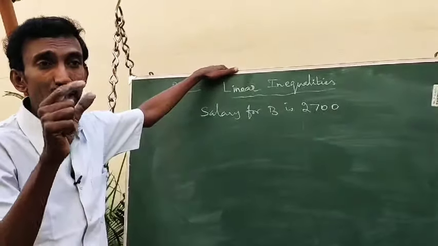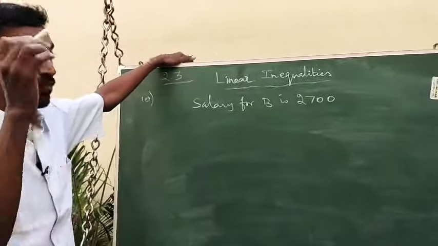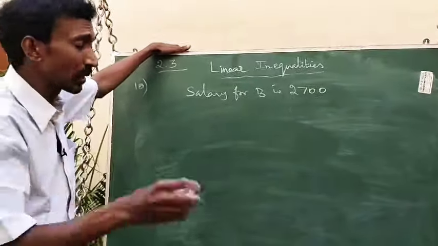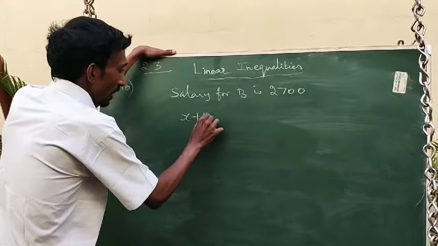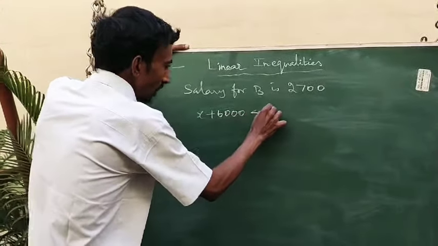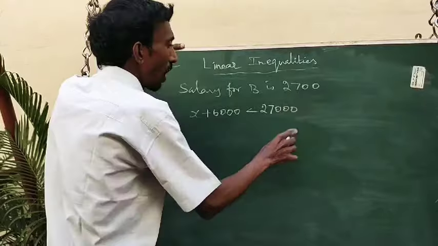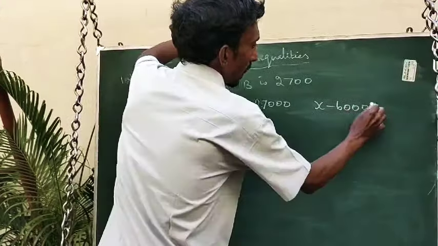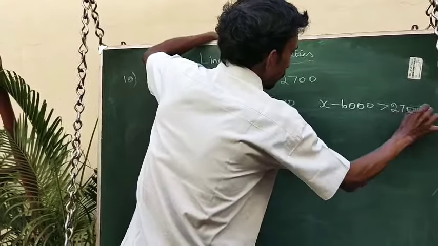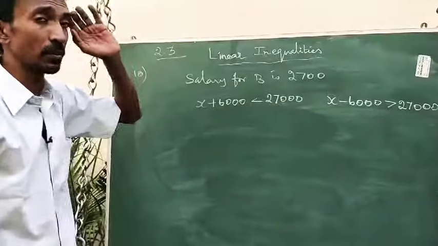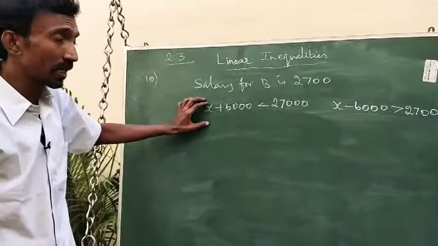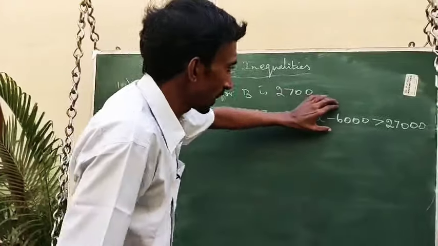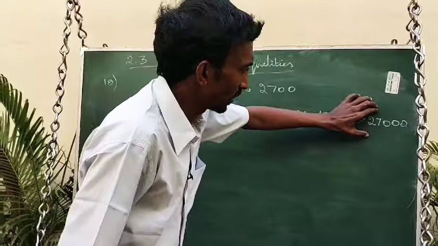If we assume let X be the salary of A, we have only two possibilities, either X plus 6,000 less than 27,000, or X minus 6,000 greater than 27,000. Remember, my dear students, either X plus 6,000 is less than 27,000, or X minus 6,000 is greater than 27,000.